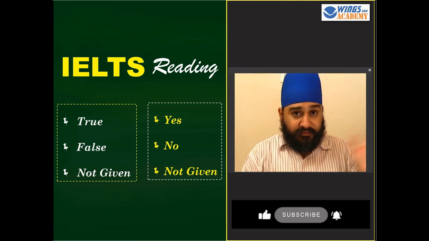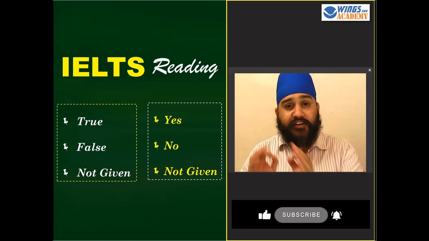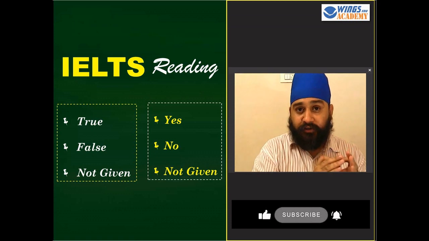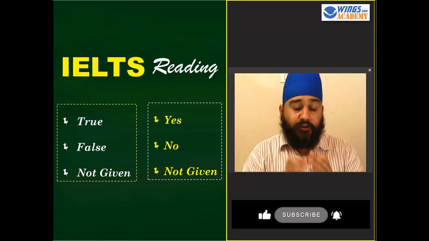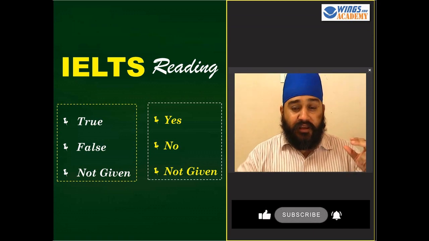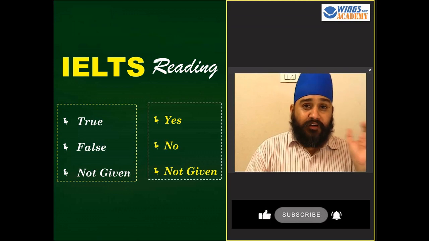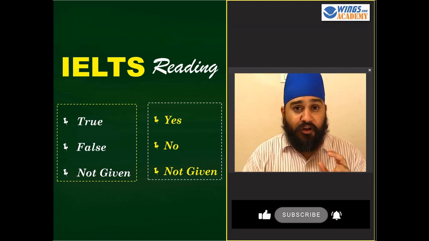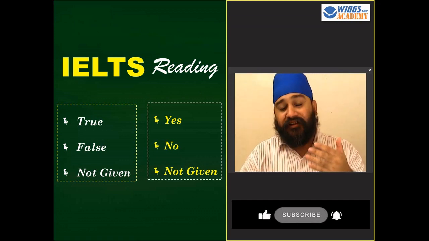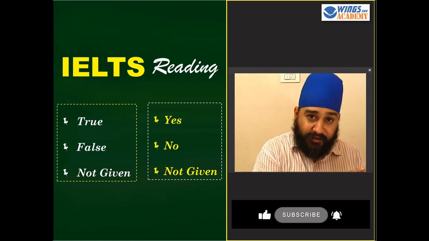So, this is clear? Let's understand what to check while solving true or yes, and what to check while solving false or no, or not given in both situations. True means information that can be validated through the facts mentioned in the passage, or yes means information that can be validated through the author's opinion.